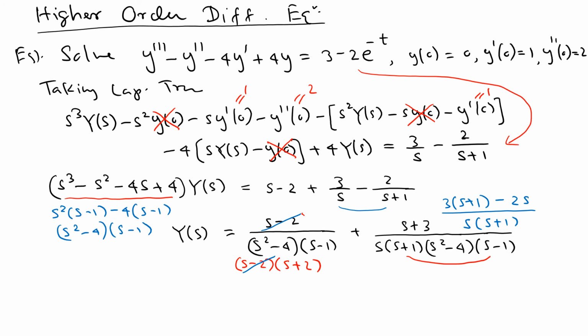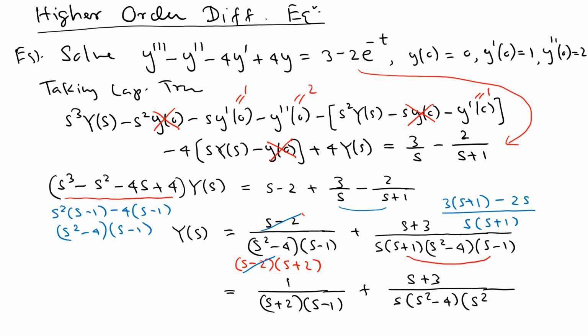So your partial fraction is going to be 1 over (s plus 2)(s minus 1), and also the other one, we can write this one as (s plus 3) over (s squared minus 4)(s squared minus 1).